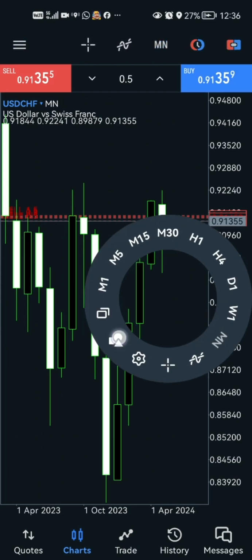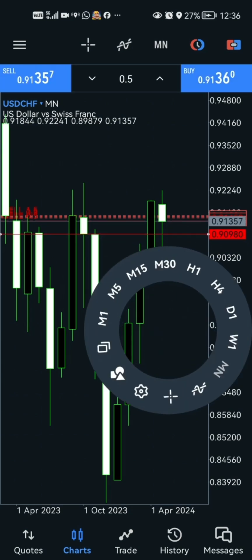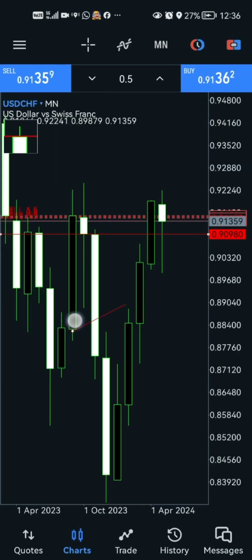What I could say is a target for this month. We'll see next month, because in 7 days it's not much, but the target is probably gonna be that level there. You see how that candle closed? This one closed just around that line, and if you look around this side, there's a level that these two also close around.